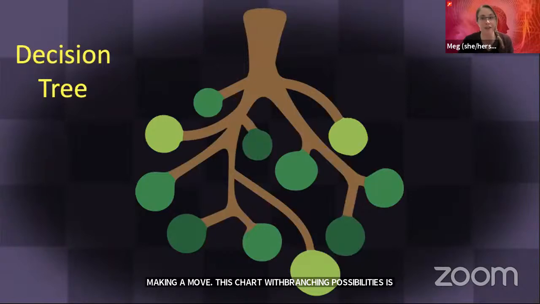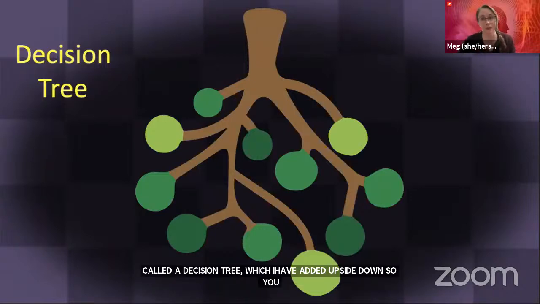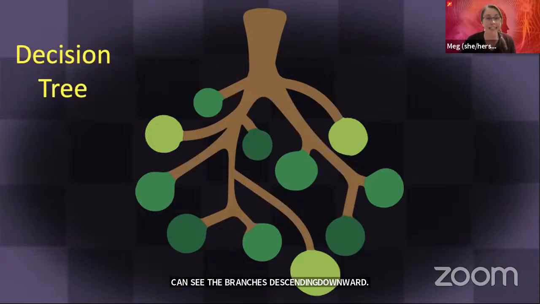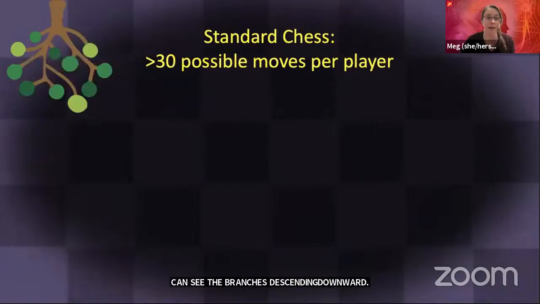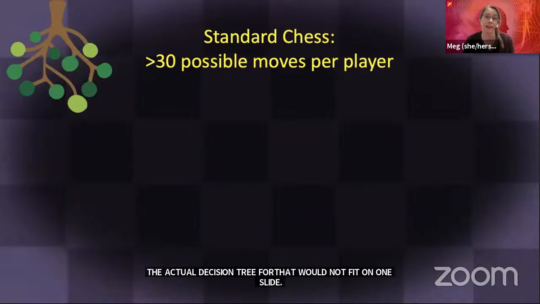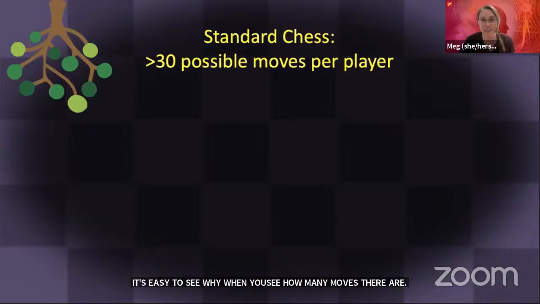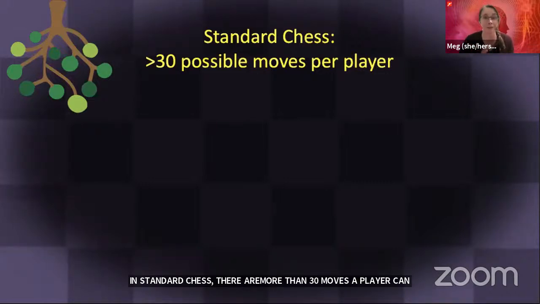Now, the KRK version of chess is much, much simpler than standard chess. An actual decision tree for that would not fit on one slide. And it's really easy to see why when you think about how many moves there are. In standard chess, there's an average of more than 30 moves a player can make with a given board. And for each of those 30-something moves, the other player can respond with another 30-something possible moves.